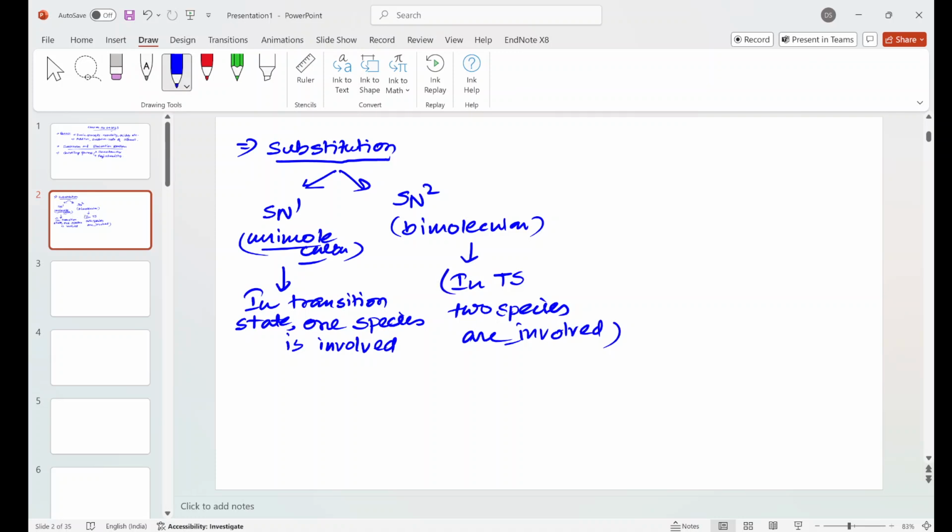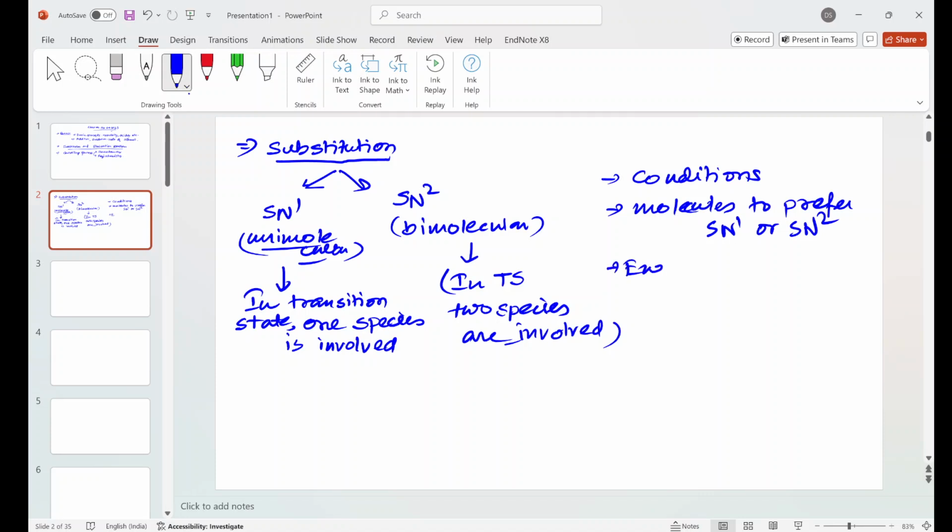So we'll briefly study both the substitution mechanisms, the comparison, the conditions, and which molecules prefer SN1 or SN2, and then the energy profile diagram, because this will give you an idea so that you can relate the energetics with the reaction.